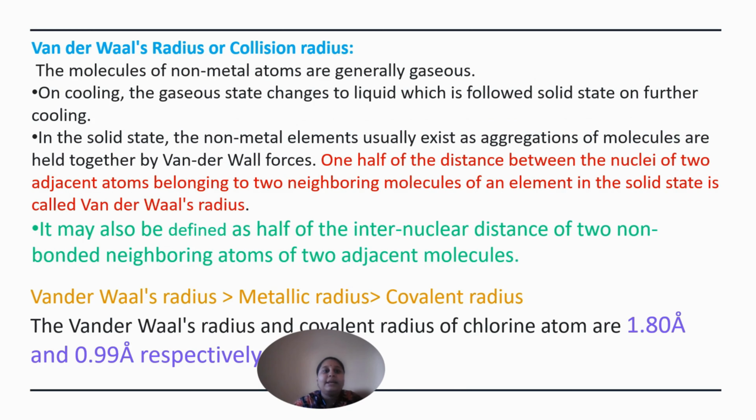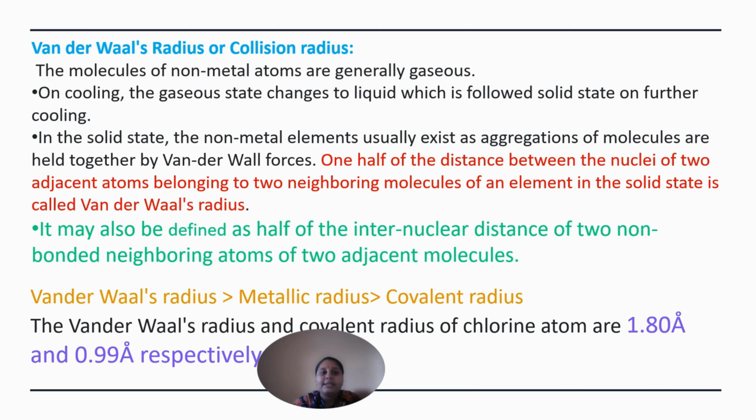Van der Waals radius or collision radius. The molecules of nonmetal atoms are generally gaseous. On cooling, the gaseous state changes to liquid, which is followed by the solid state on further cooling.